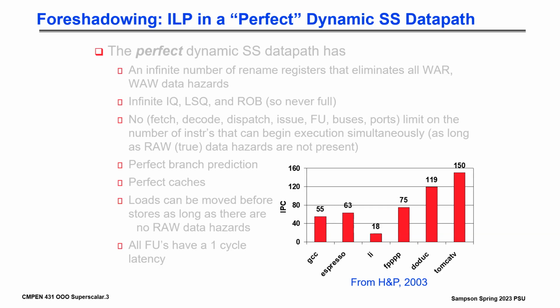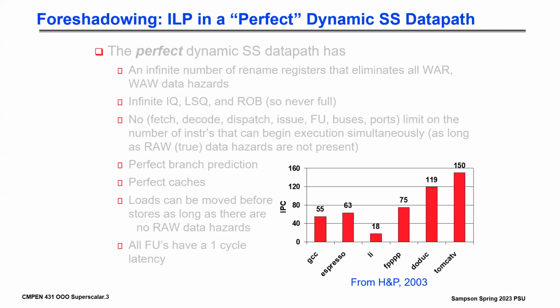This is a measure of the instructions per cycle that an idealized, completely and utterly unimplementable machine could actually extract from these programs. You'll note that these numbers are quite a bit larger than the 2 to 4 we were playing around with in our simple in-order land. So there is a lot of parallelism there.